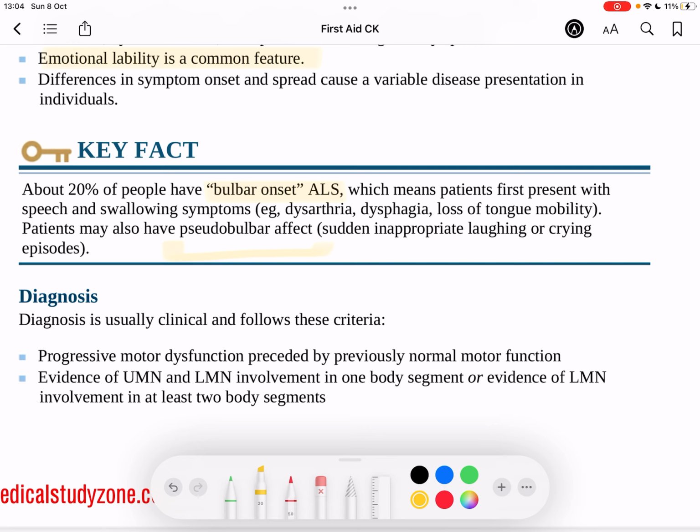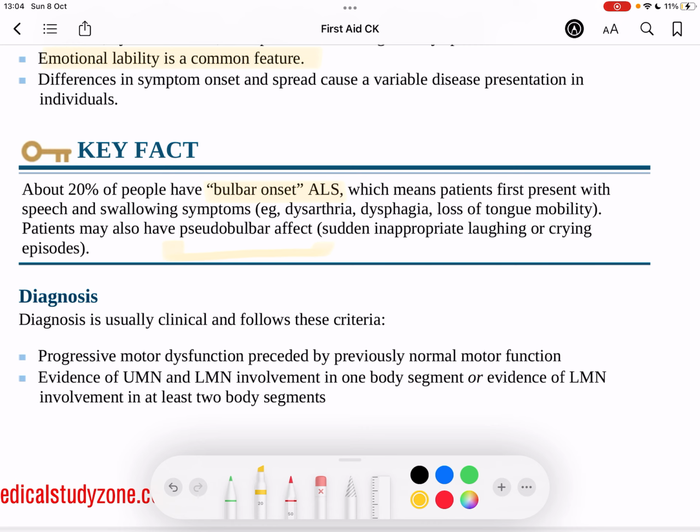Pseudobulbar is exactly the same, but the upper motor neuron effect of it. So a patient has dysarthria, dysphagia, unable to speak properly, unable to chew. That could be bulbar or pseudobulbar. But then let's just say I try to elicit the gag reflex. If the gag reflex is absent, that's a bulbar sign because it's a sign that it's a lower motor neuron. But if the patient has got a really exaggerated gag reflex, then this is a sign that it's pseudobulbar. It's an upper motor neuron sign. Okay, so that's the difference between bulbar and pseudobulbar.